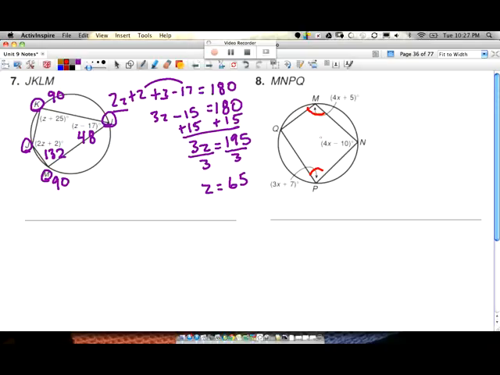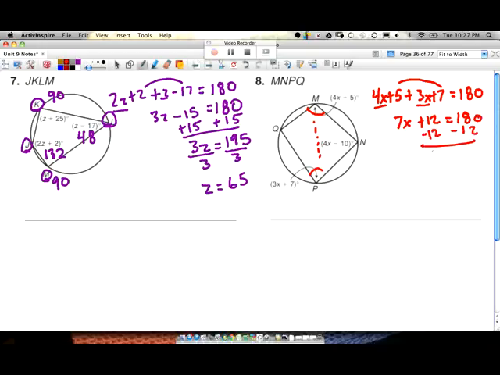Now I'm going to start with P and M. Why do you think? Well, because they're opposite each other, and that gives me a pair that I can add up to 180. So that means 4x plus 5 plus 3x plus 7 equals 180. So I'm going to add the 4x and the 3x. Gives me 7x. Then the 7 and the 5 together are going to make 12. Alright, let's see how that works for me.